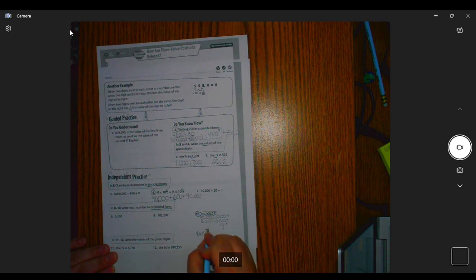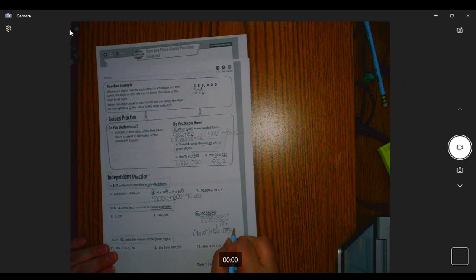So 10 to the 7th plus 5 times 10 to the 6th, because I have 6 zeros, plus 10 plus 1. Now, which way would be faster to write? All those zeros or the exponent form? You're right. It's faster to write exponents.